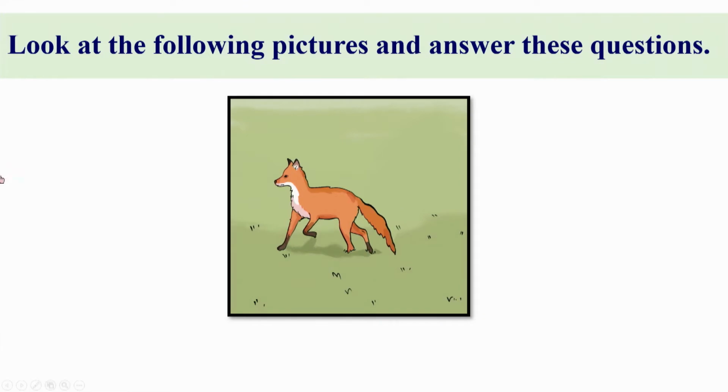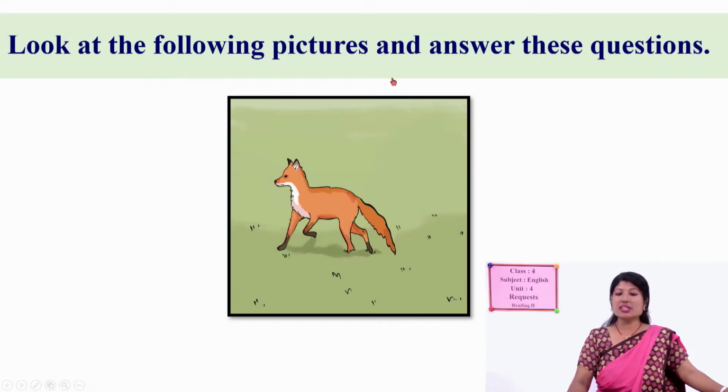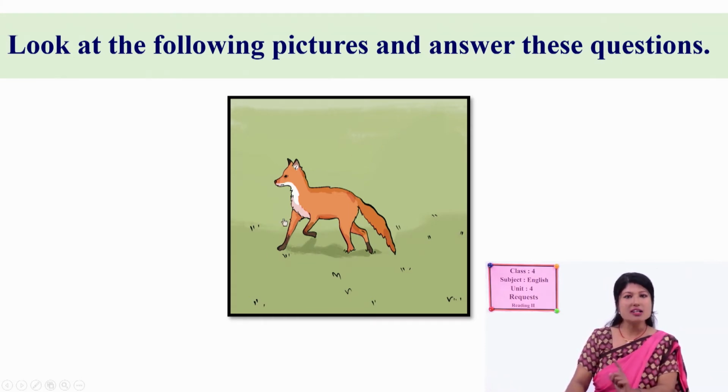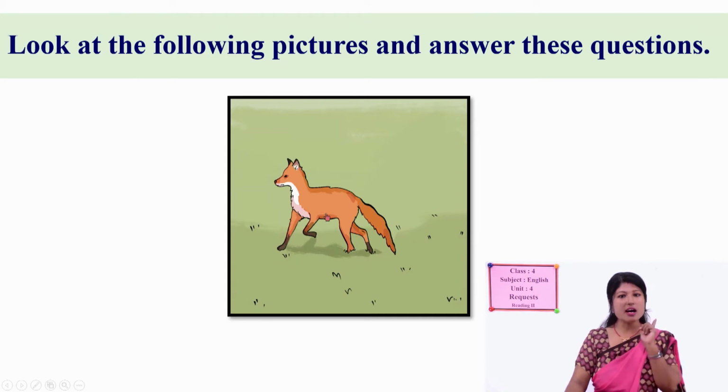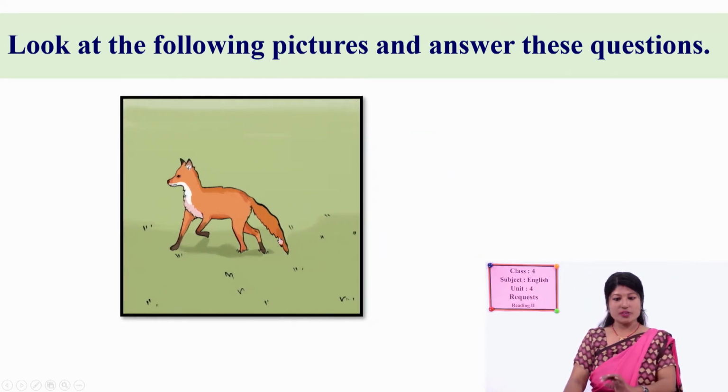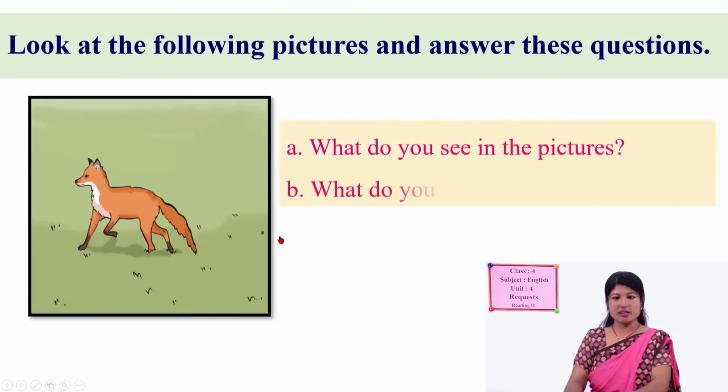Okay, look at the following pictures and answer these questions. Look at this picture. What is this picture of? Of course, it looks like a fox, isn't it? Then what are the questions over there?